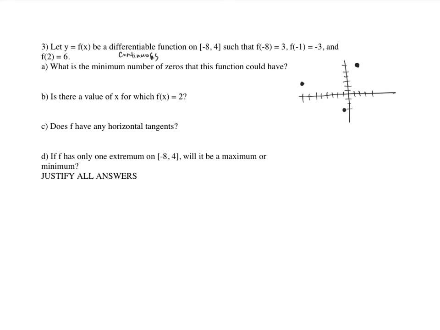I must cross the 0 line. So I've crossed the 0 line at minimum 2 times. It could have done more, but here there's a minimum of 2 times. So in this case, we will say that there must be a minimum of 2 zeros by IVT.